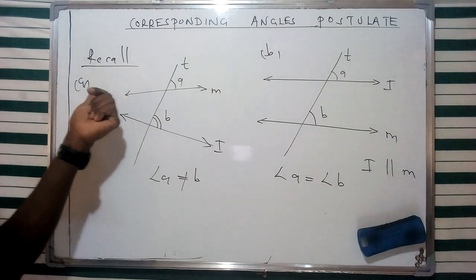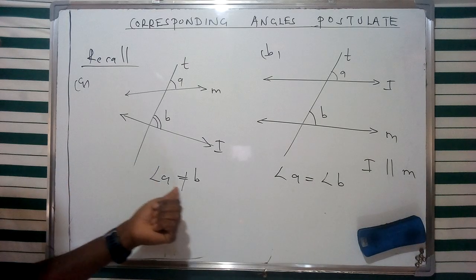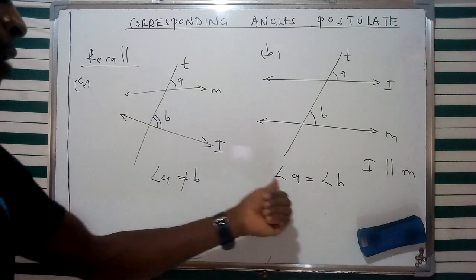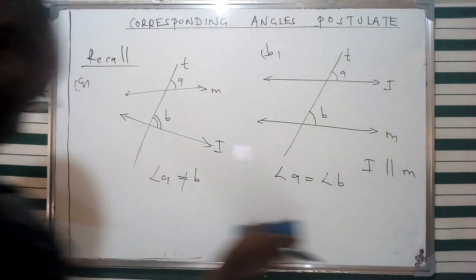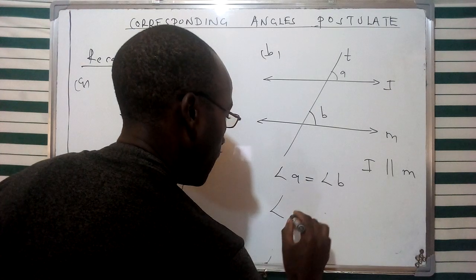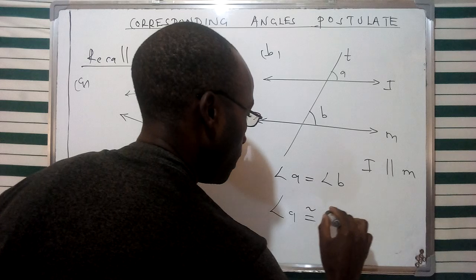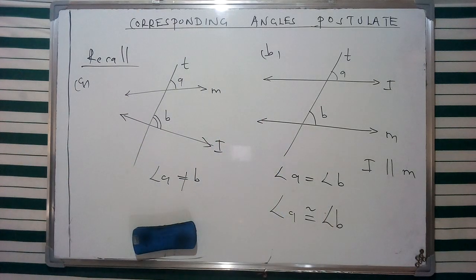But in contrast, we are going to see that in the first case, angle A is not going to be the same as B, but for parallel lines, angle A is going to be the same as B. So for the second case, we can describe this particular case for the two angles, whereby angle A is congruent with angle B, as we have already illustrated in our first case for the aspect of congruence.